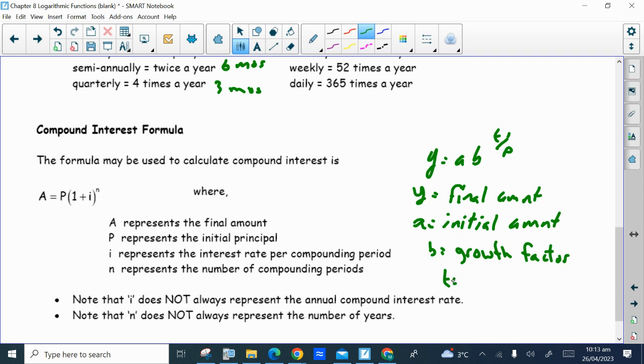T is the time, and P is our growth period. And like before, the time and the growth period have to be in the same unit. They'll either both be in years or they'll both be in months, etc. So as we go through this, we're going to use that formula because that's the one that we're given on the formula sheet.